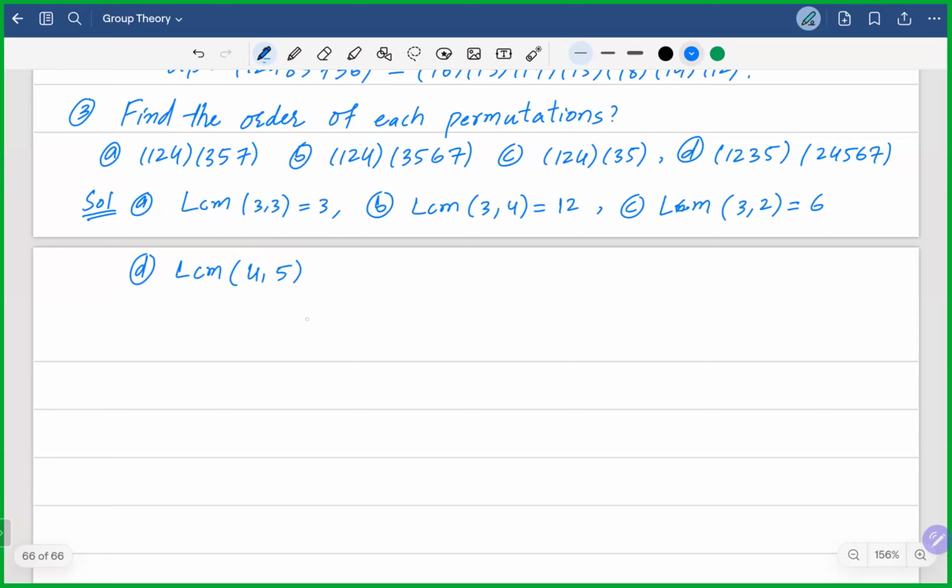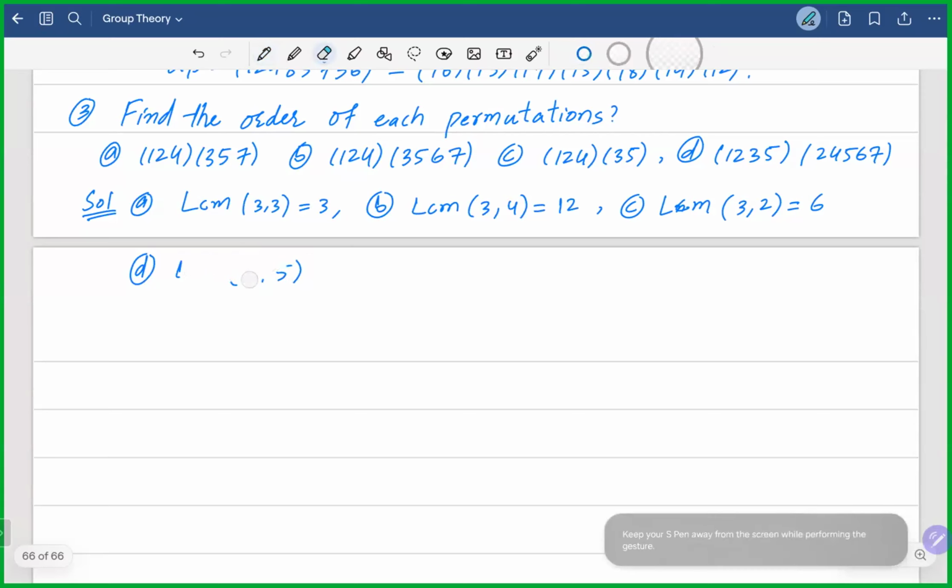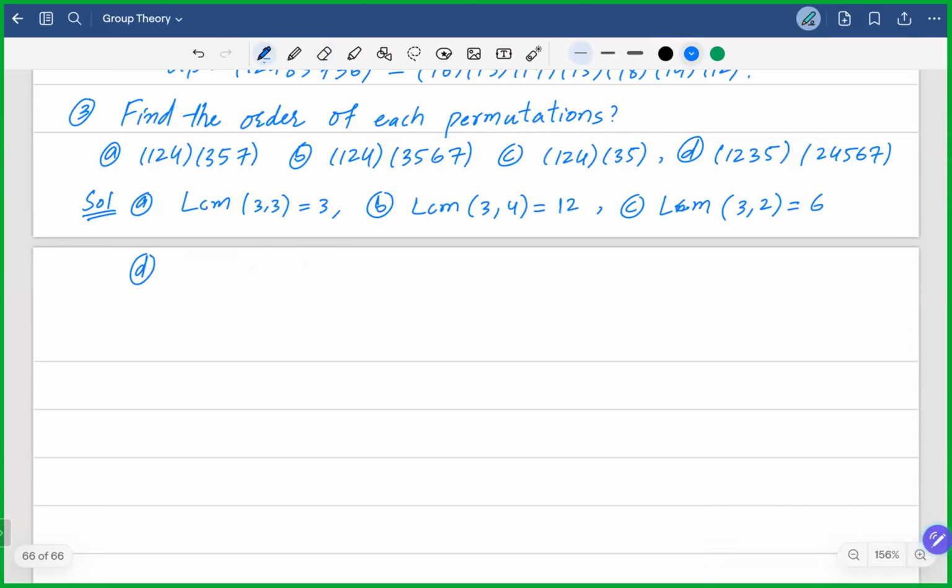But the permutation D is quite tricky. So in the permutation D, if you need to find the order of this (1 2 3 5) and (2 4 5 6 7), remember, you need to find the order as the LCM of disjoint cycles. This permutation has common elements.